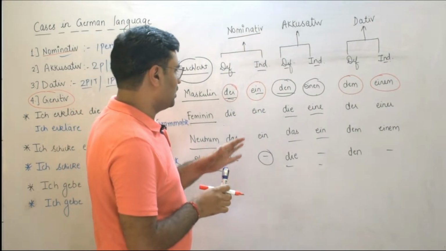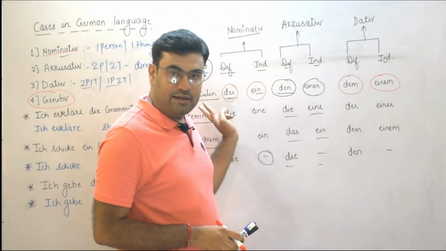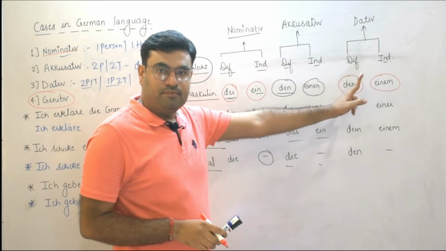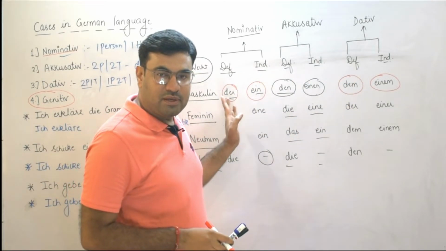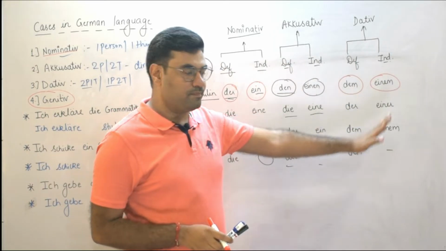First thing we have to learn: in accusative, der becomes den, and in dative, der becomes dem. In accusative, ein becomes einen, and in dative, ein becomes einem.